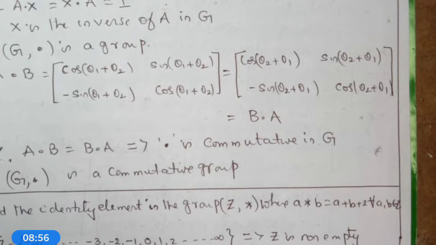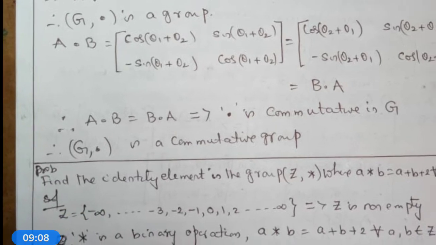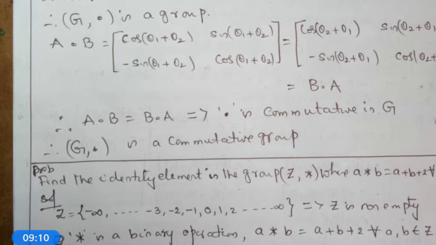Therefore, A · B is equal to [[cos(θ2 + θ1), sin(θ2 + θ1)], [-sin(θ2 + θ1), cos(θ2 + θ1)]], which is equal to B · A. Therefore, A · B is equal to B · A. Therefore, dot is commutative in G. Therefore, (G, ·) is a commutative group.